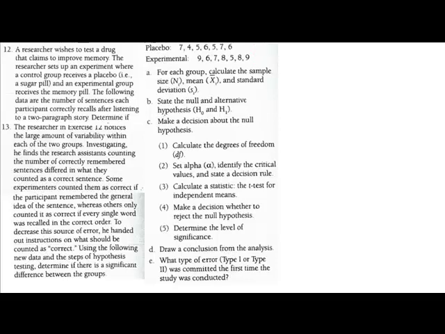And now we're flashing back to chapter 3, where we have to come up with the mean, and chapter 4 with the standard deviation. We state the null and the alternative hypothesis. The null hypothesis says that the mean of group 1 is equal to the mean of group 2.